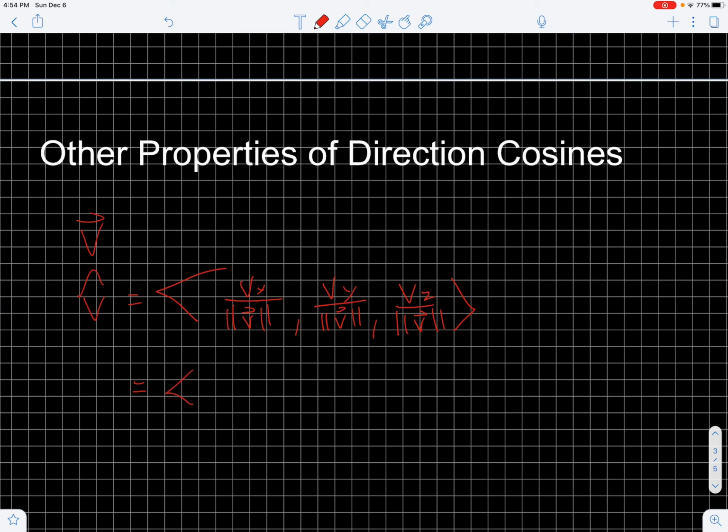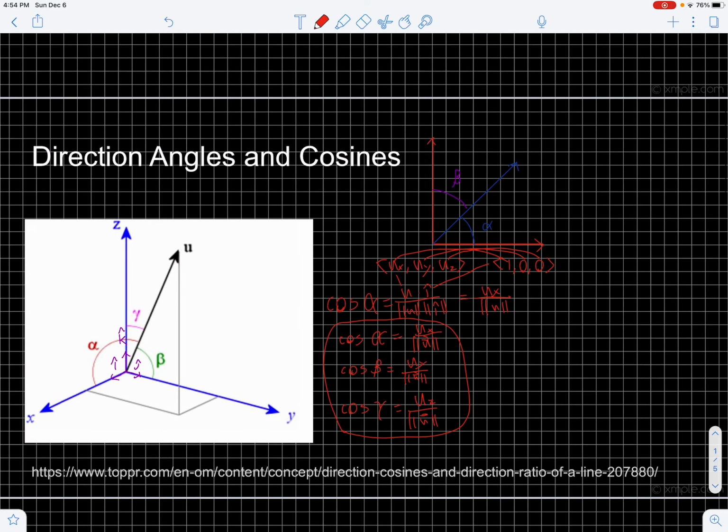Well, that's the exact same as cosine alpha, cosine beta, and cosine gamma, right?